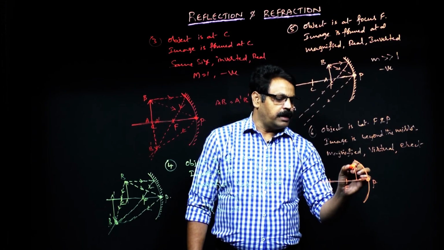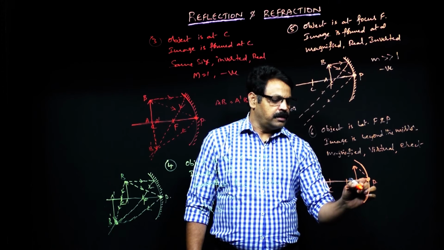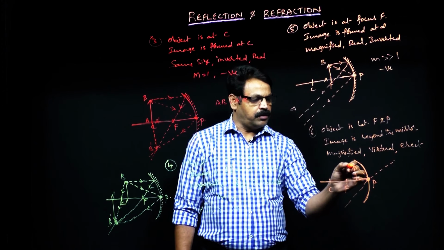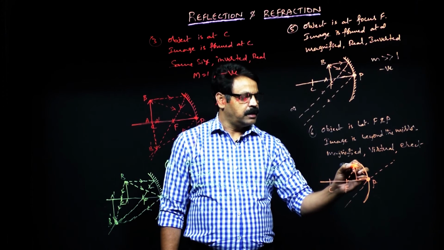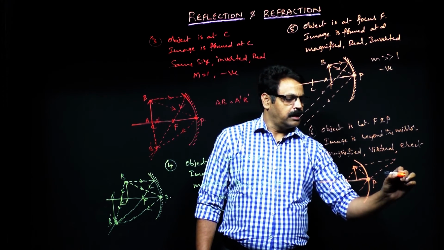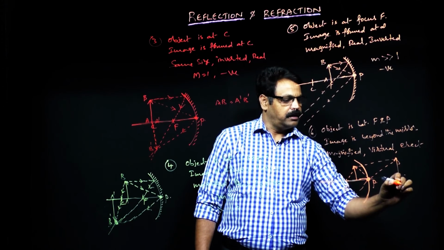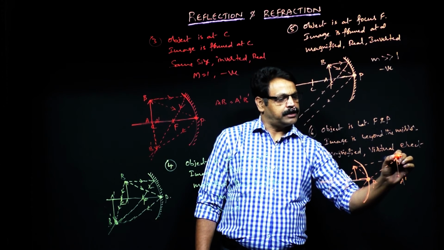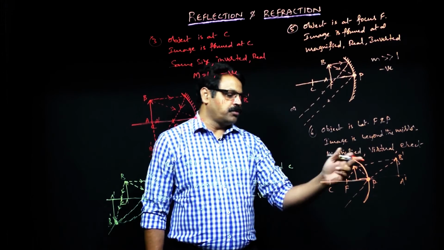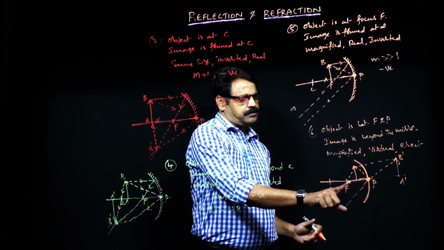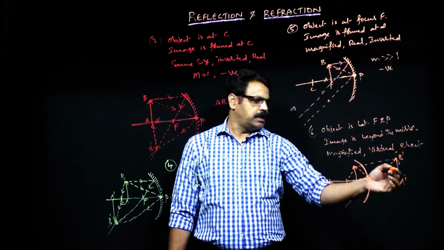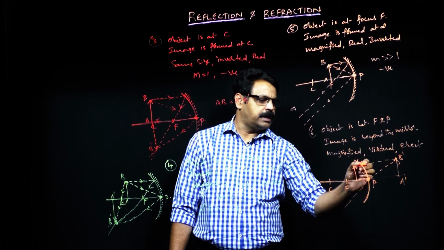Whenever the ray is coming over here, it will be reflected in this manner, and whatever is coming over here is reflected in this manner. So I am able to get this magnified A dash B dash. Whenever it is formed between F and P, the diagram is going to be this. So here it is virtual, and beyond the mirror I am getting it here.